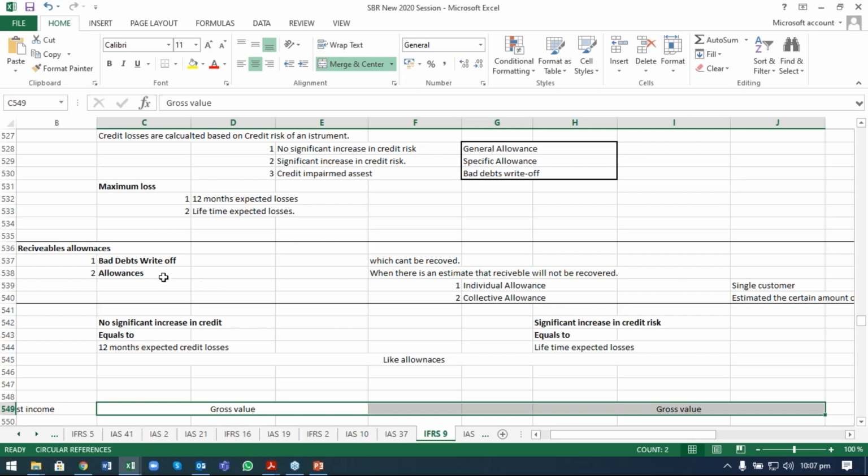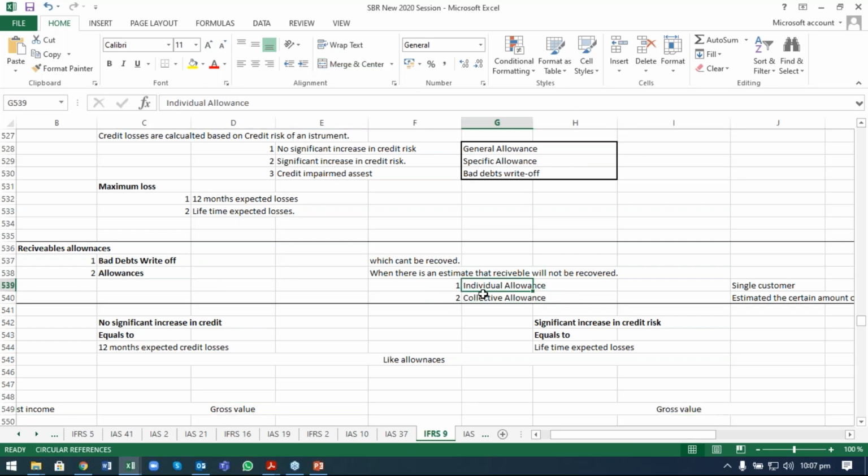In the same way, whether you are creating a general allowance or a specific allowance, you're not going to reduce the value of an instrument. You are going to make a double entry: debit bad debts write-off expense to the profit and loss account, and credit increase in the allowance, right?